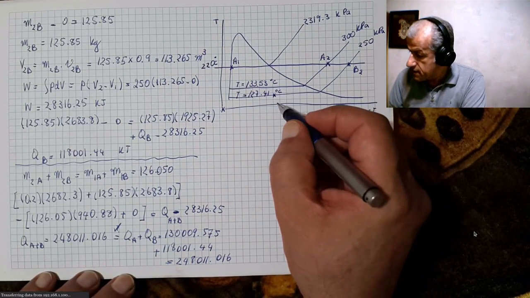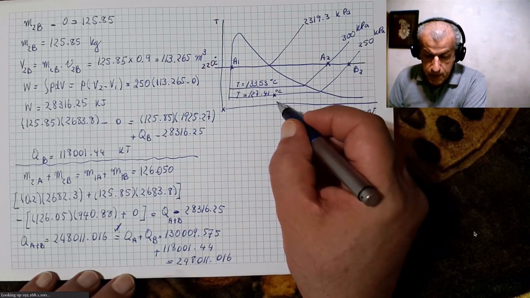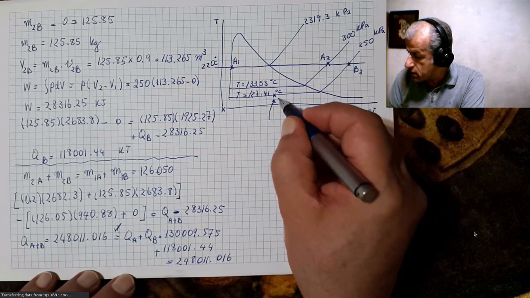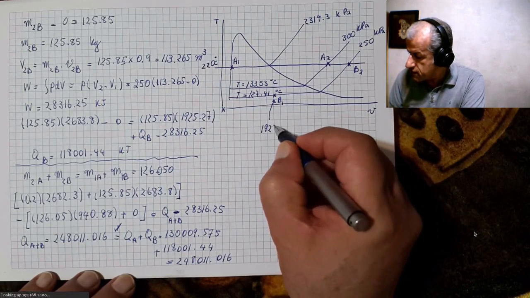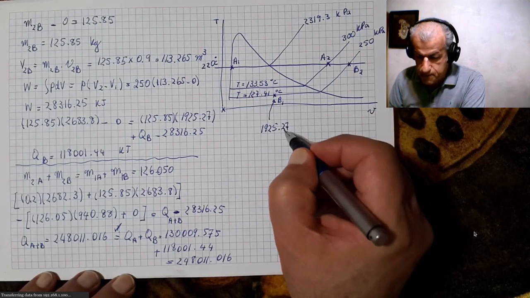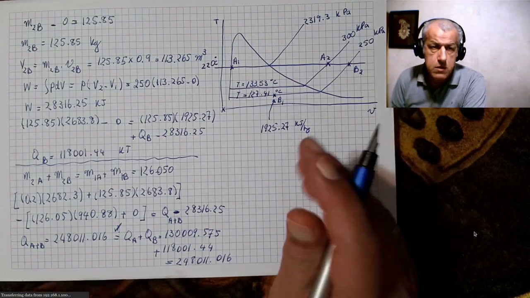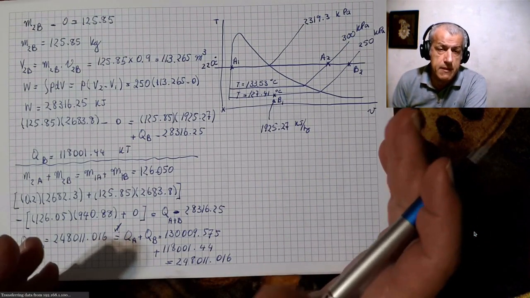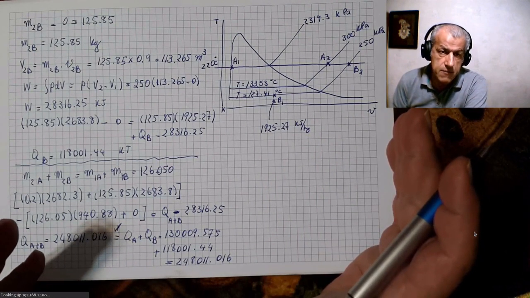At point B1 the pressure is 250, and the H would be 1925.27 kilojoules per kilogram, and that we could denote as B. That would be the best guess we could have for B.